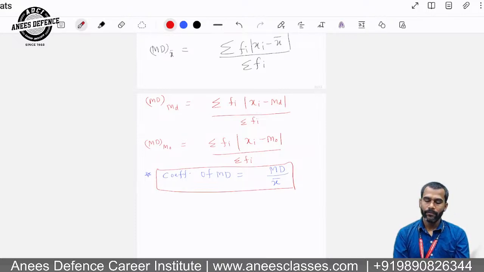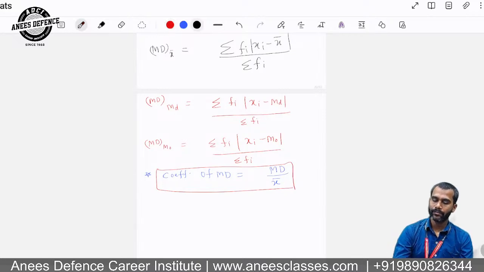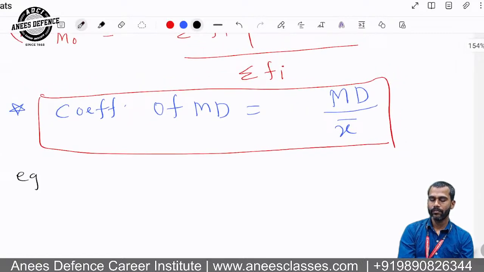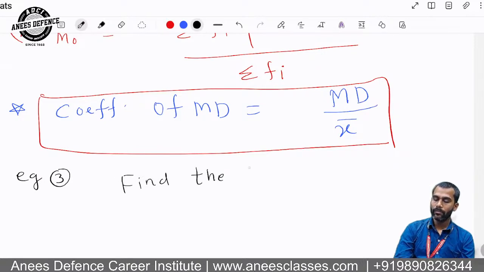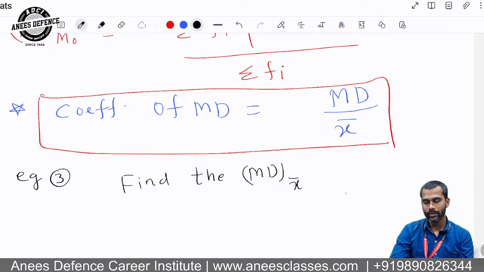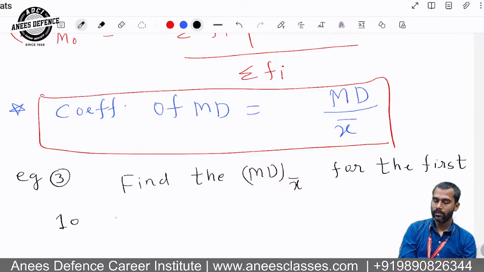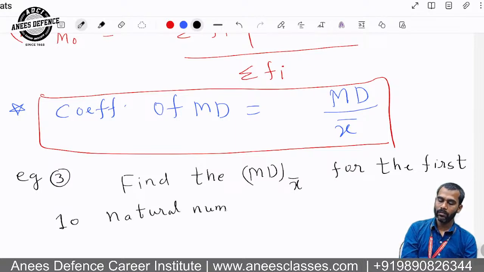Find example number 3. Find the mean deviation about mean for the first 10 natural numbers.